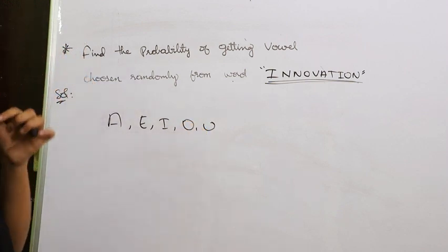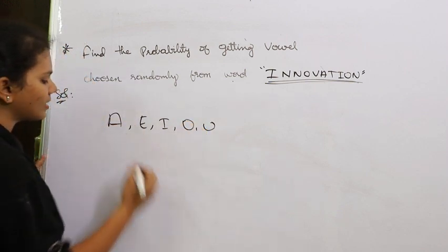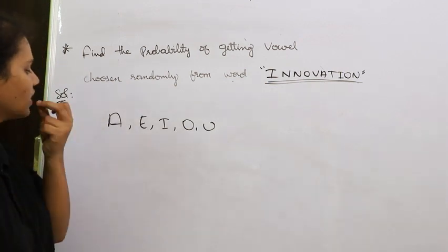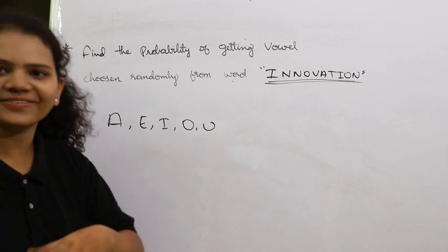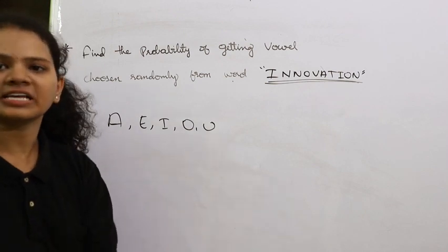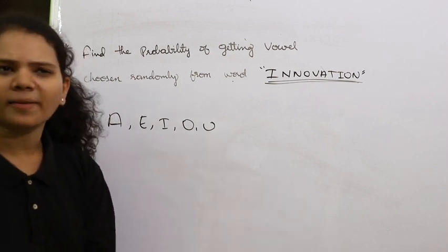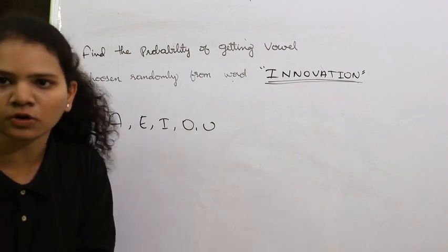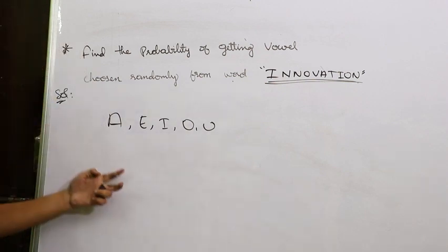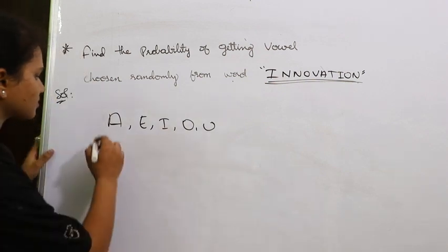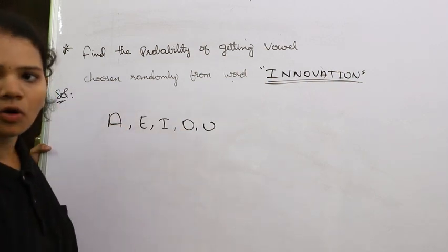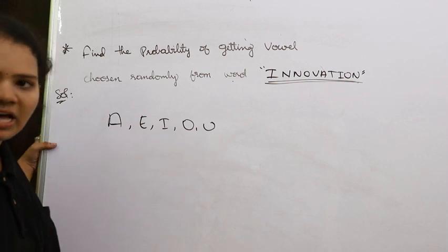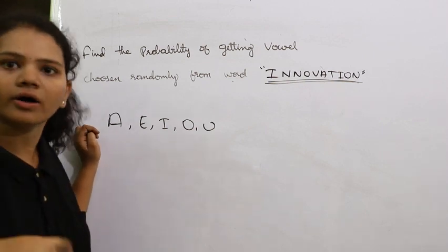So you will be having 5 vowels in the English alphabet. And how many consonants we have? Apart from vowels, each and every alphabet is nothing but a consonant. So we have 21 consonants and 5 vowels. Apart from A, E, I, O, U, all the letters in the English alphabet are consonants.